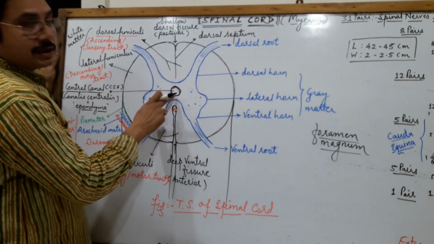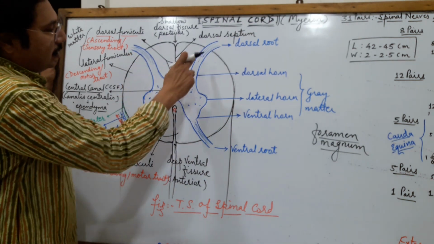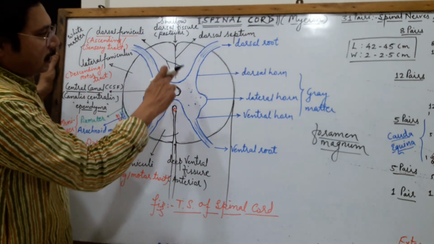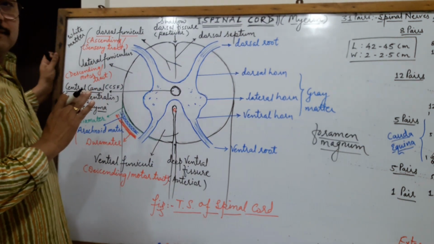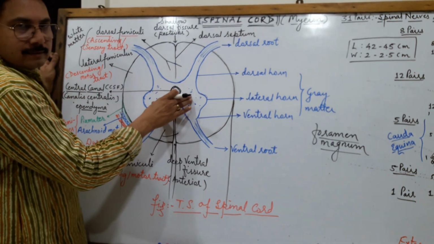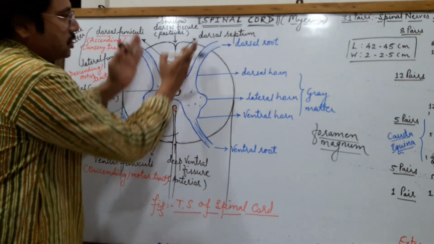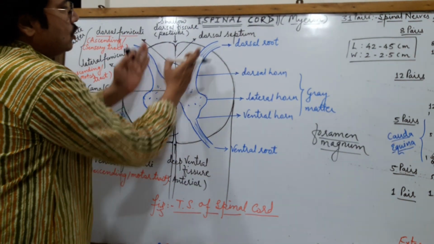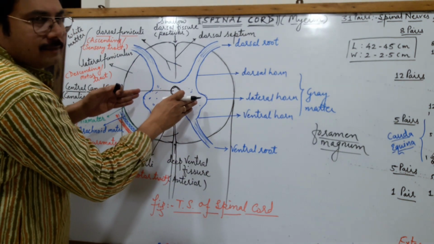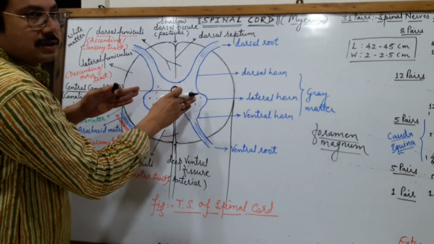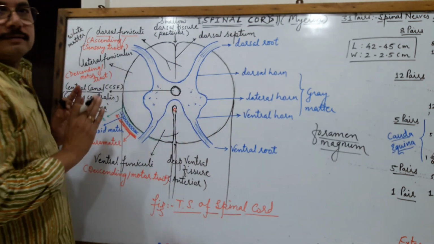Now surrounding this central canal, you can observe the roughly S shaped or butterfly shaped inner gray matter, and such inner gray matter develops paired projections towards the dorsal side, paired projections towards the ventral side, and again slight paired projections towards the lateral side.